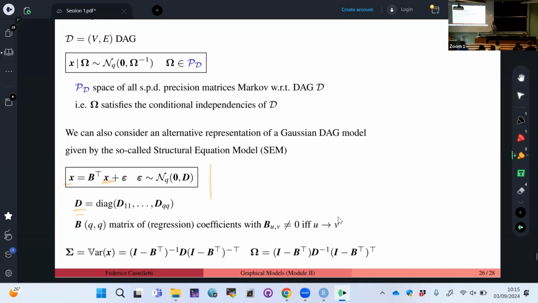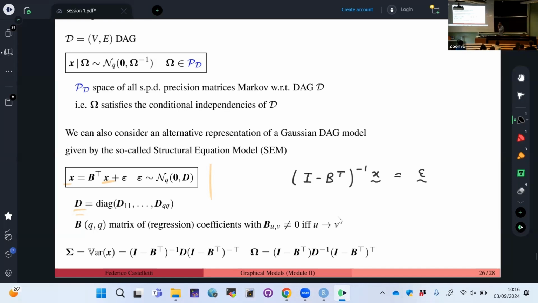Now if we want to establish the connection between this new parameterization, D and B, and omega or sigma, we can compute the variance of our random vector X. One possibility is to write first I minus B prime times X equal to epsilon, in this way here.